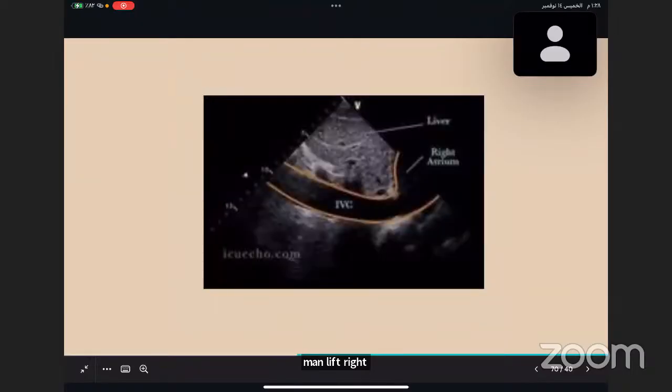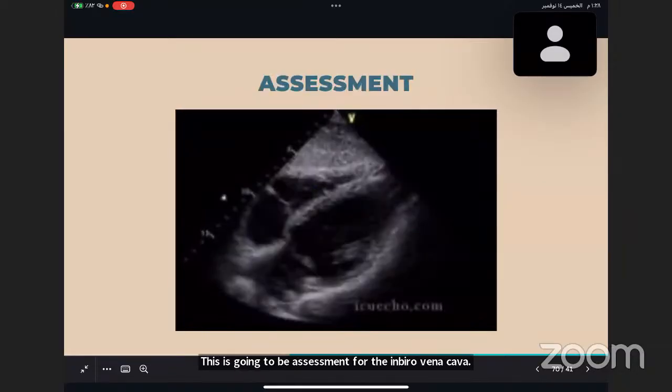This can be used for assessment of the inferior vena cava and the right atrium. Then here is a good assessment for the right ventricle.